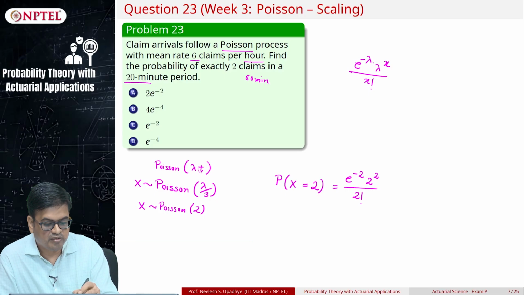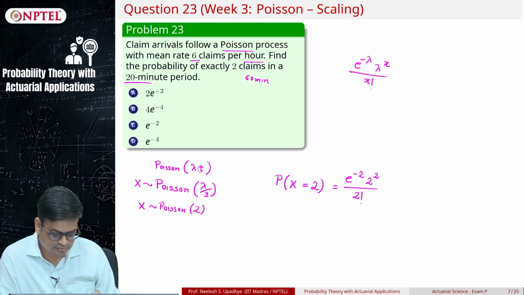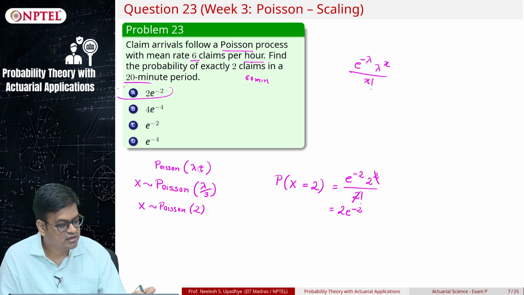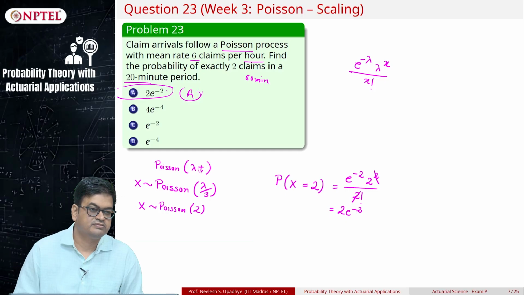Here lambda is actually 2. So, if I know this formula, then this 2 factorial will cancel off this 2 and this becomes 2 e raised to minus 2. Any answer similar to that? Yes, A. So, I have A as my final answer, correct.